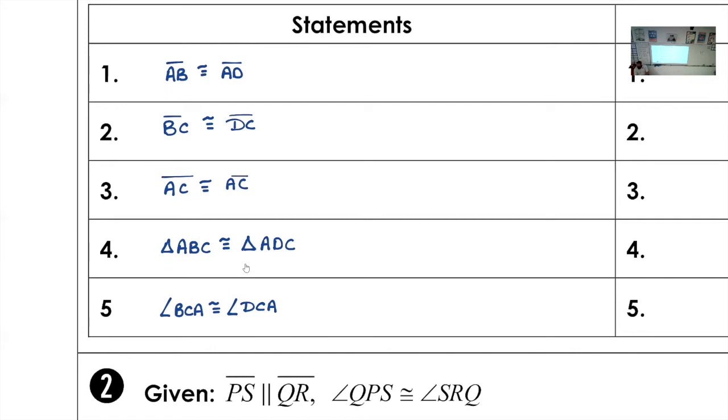The triangle is not at the end. We're still proving our triangles are congruent, but now it's not our final step. Once we've got our congruent triangles, we can then prove that the other pieces that aren't necessarily congruent are now congruent because our triangles are congruent.